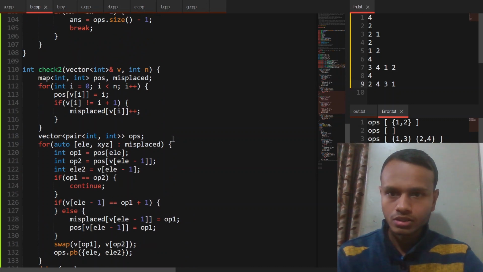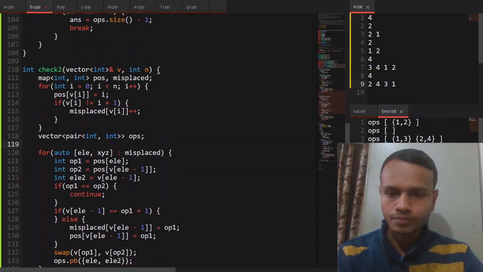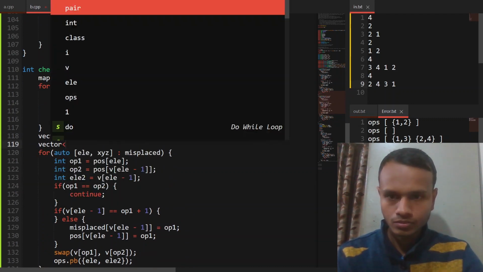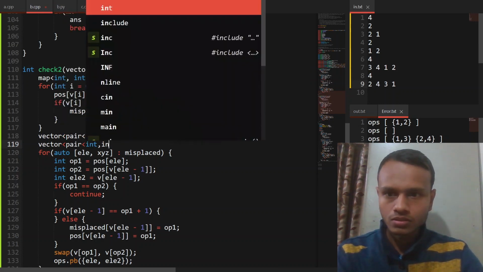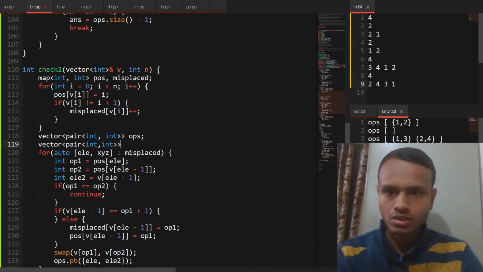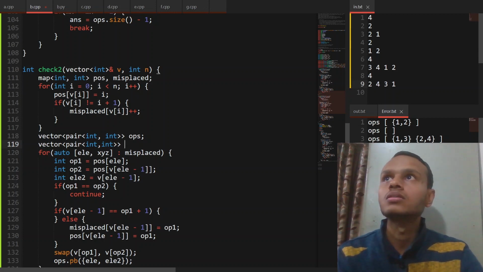Yeah, it's kind of the same, but here is a slight difference.